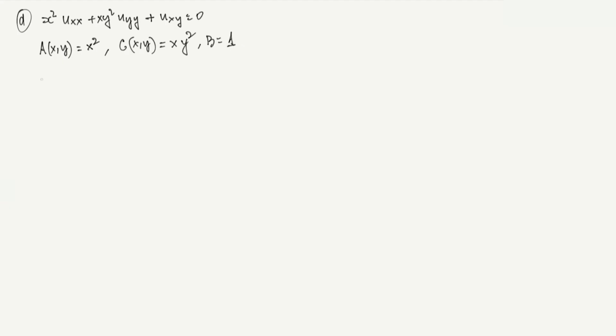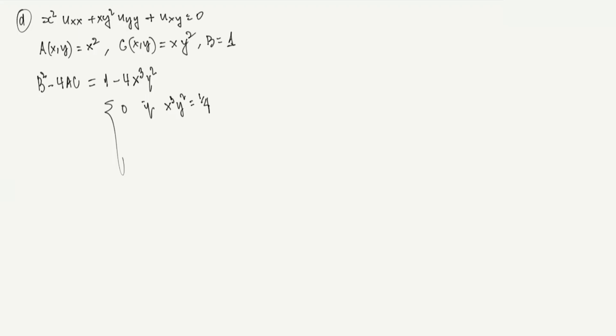Now we need to calculate the discriminant, which is b squared minus 4ac. b squared is 1, minus 4 times x cubed y squared. This equals 0 on the curve x cubed y squared equals 1/4.